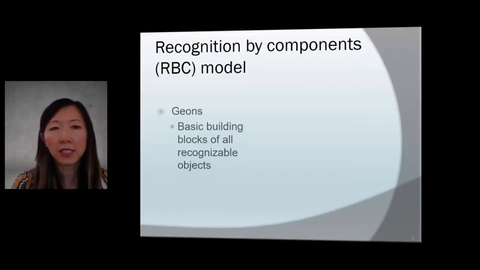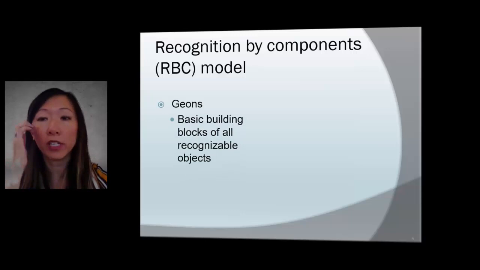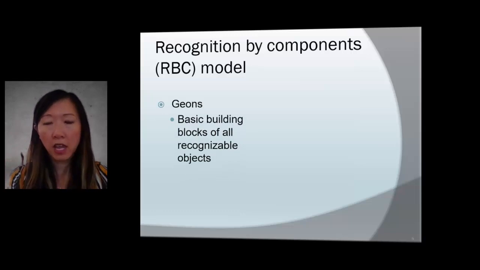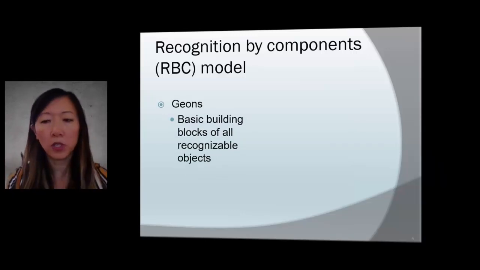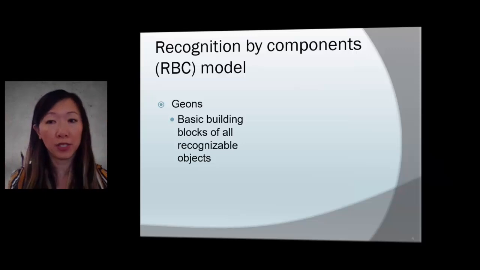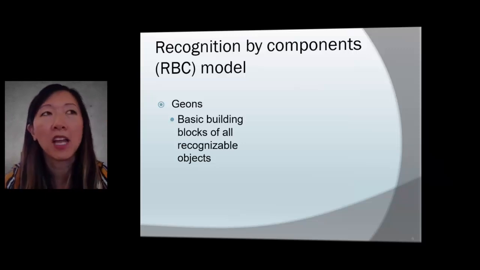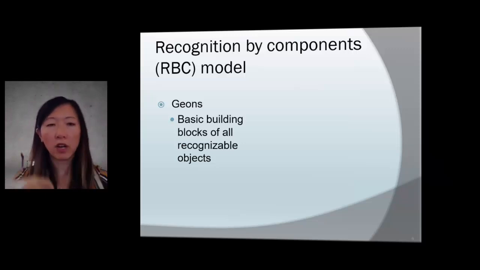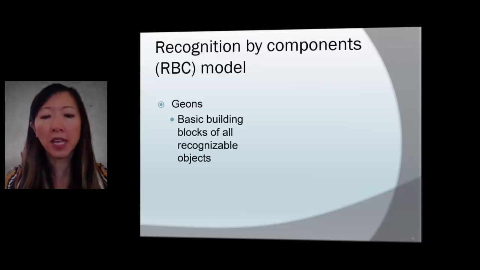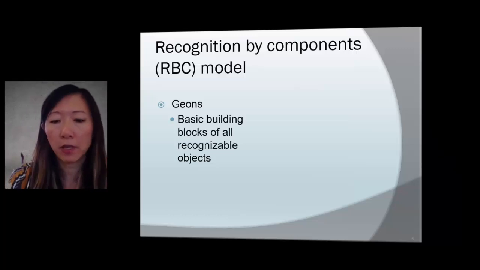We also have theories called recognition by components. So we're still looking at the little pieces and putting them together, kind of like Lego building blocks, where we take shapes and geometric pieces and make them into recognizable objects.